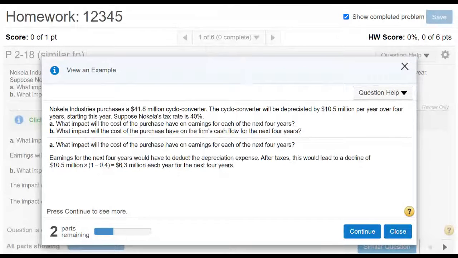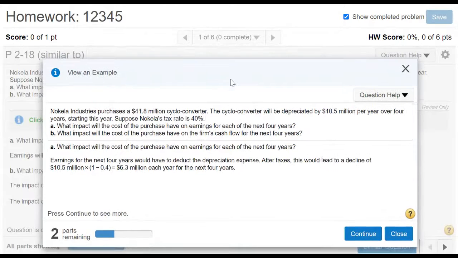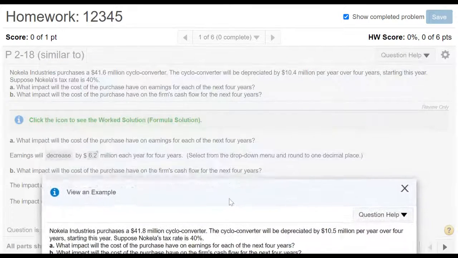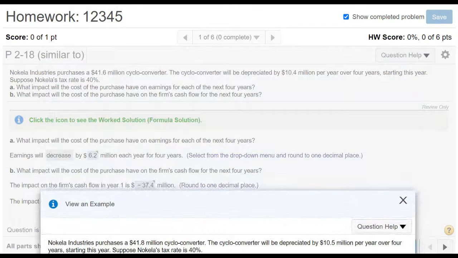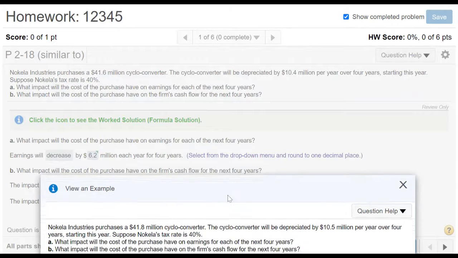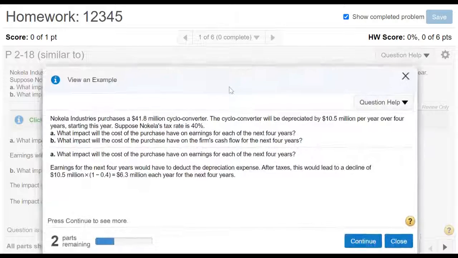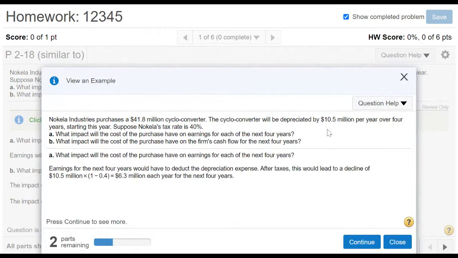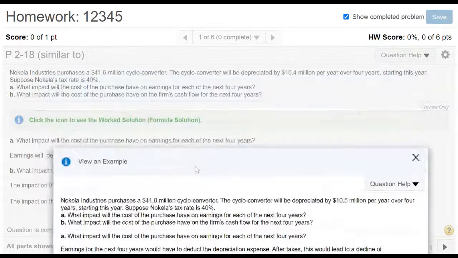Yes. Okay. So this one is saying, first part, what will be the cost of the purchase of earnings each of the next 4 years, right? So that's the depreciation amount, which is 10.4. Here it's the same thing, but they're just using different numbers. So you're going to say 10.4 times 1 minus 0.40.